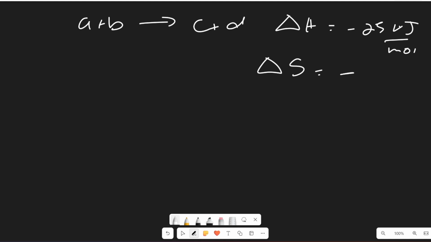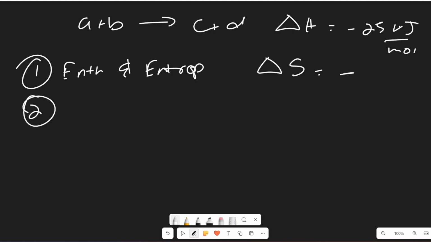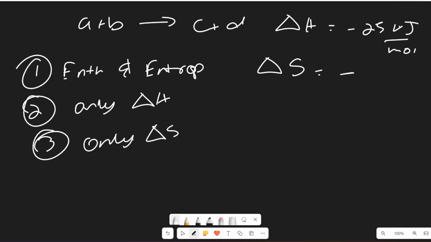So what they'll ask is, what is driving the reaction? Is it enthalpy and entropy? Is it only delta H, or is it only delta S?